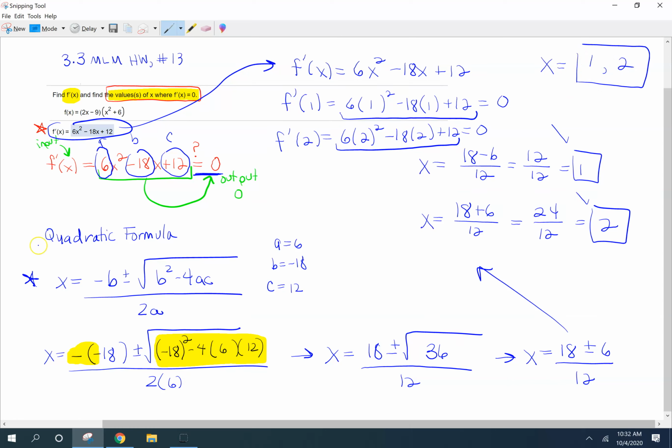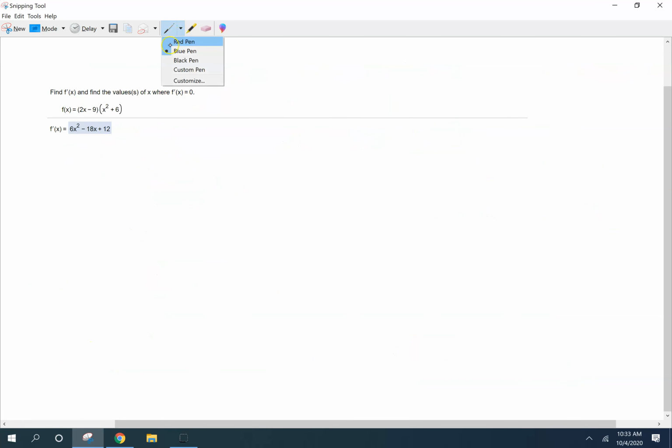Now, this quadratic formula only worked because our derivative happened to be quadratic, and we were setting it equal to 0, right? So let's look at a more general way to find where the derivative equals 0 using what we call the zero product principle. Okay, so the zero product principle.